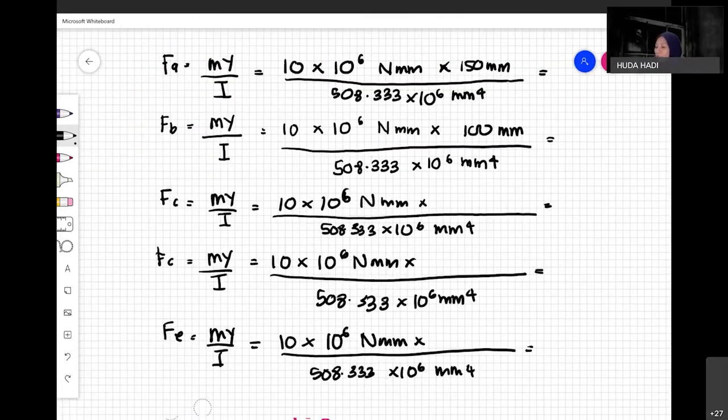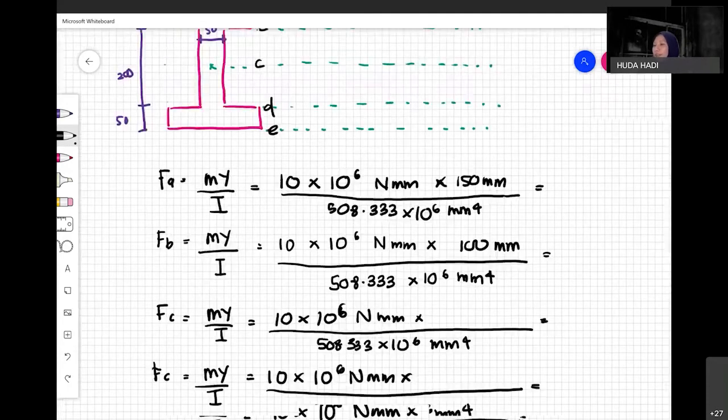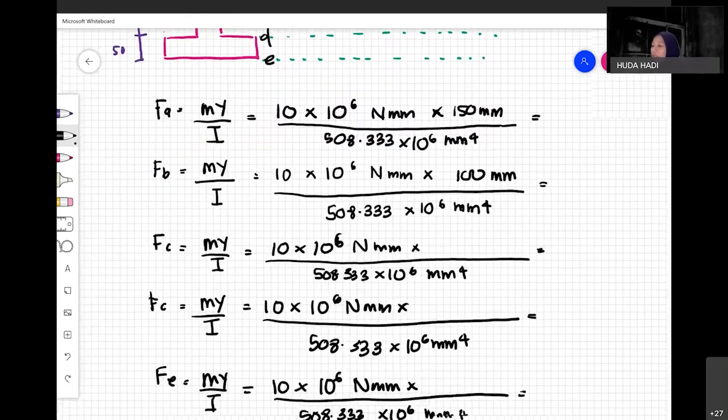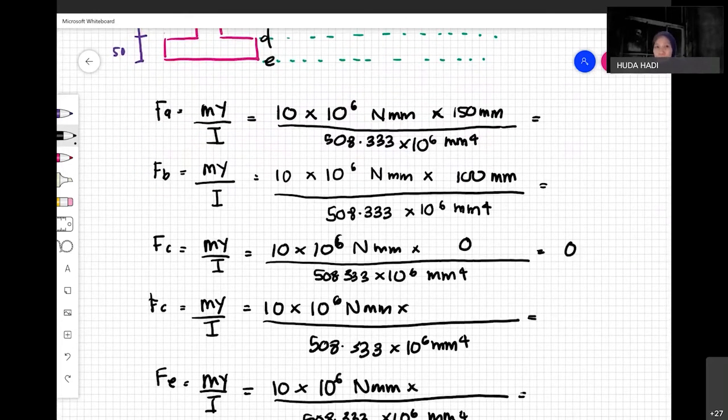For point C, obviously it is zero, because at point C the centroid is right in the middle and point C is exactly at that centroid. So no distance. And for point D, it is the same as point B, except it sits at the bottom. So it is negative 100 mm because it is below the centroid.